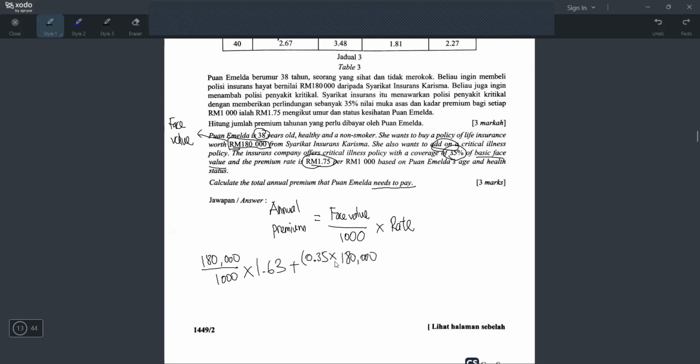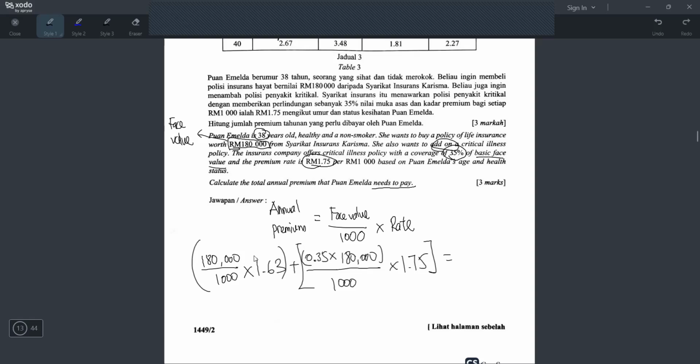This is how you get the face value of the critical illness policy. And the formula is the same. You divide by 1,000 times with the rate. And the rate is separate, it's not the same as the rate just now. For critical illness, the rate is 1.75, right? So let's put brackets here and here, and this is how you calculate the total annual premium. Let's press this, and the zeros can cancel.